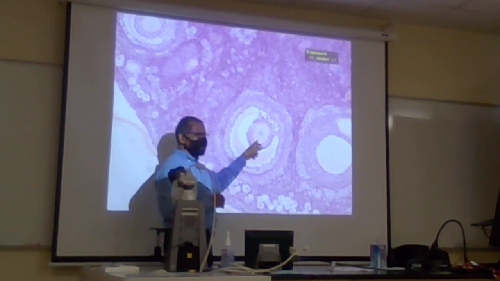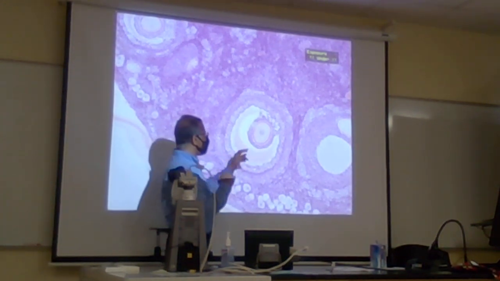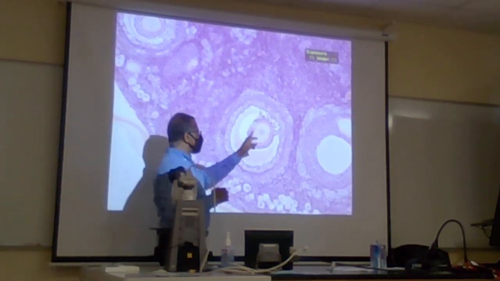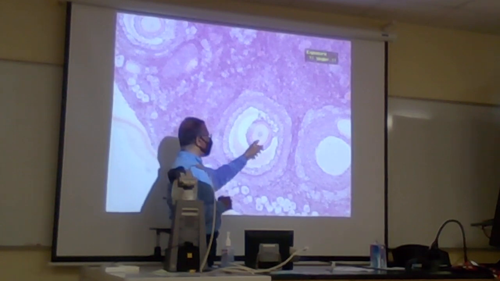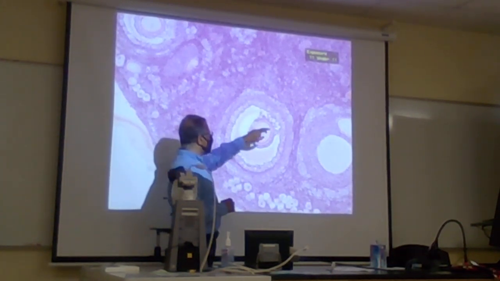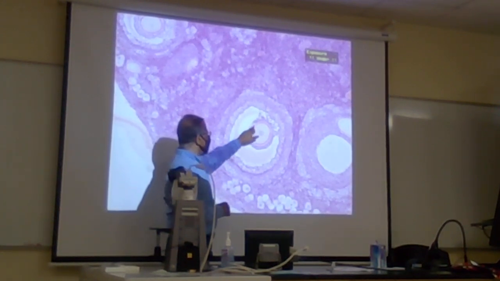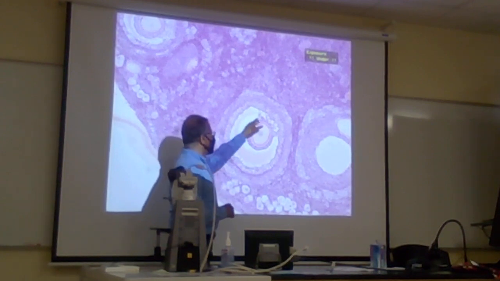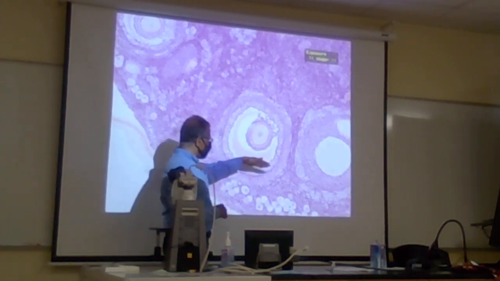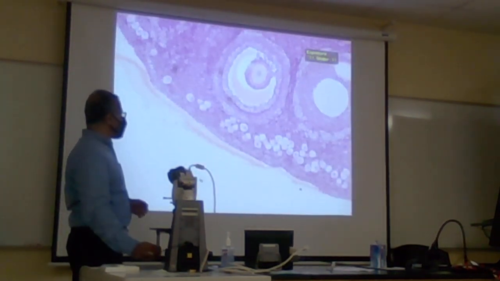What type of oocyte? Secondary. There's no tertiary oocyte, there's only primary or secondary. So this is a secondary oocyte. What is this purple thing in the middle? The nucleus. So starting from the inside: nucleus, cytoplasm of the secondary oocyte, zona pellucida, the corona radiata, antrum, granulosa, thecal. Okay, so all these structures.